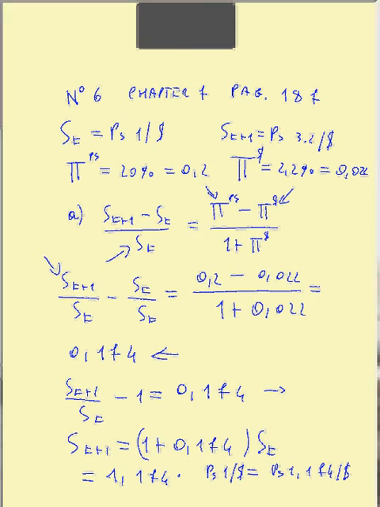Now we can try to solve the same problem using the approximated version of the purchasing power parity. So, what is the approximated version? The approximated version is that the percentage variation in the exchange rate can be approximated as the inflation rate in Argentina minus the inflation rate in USA.